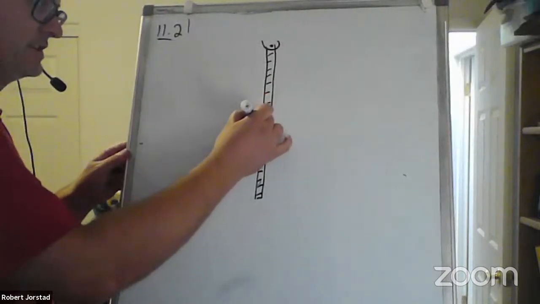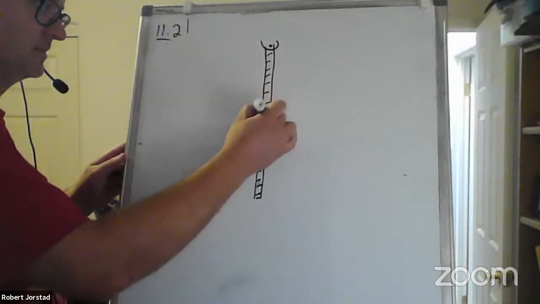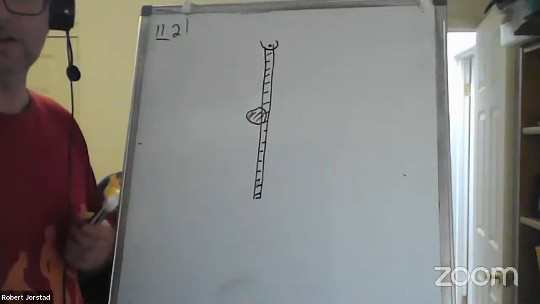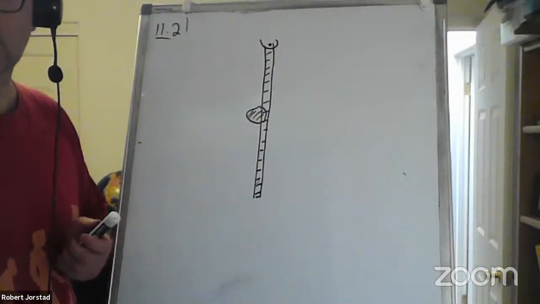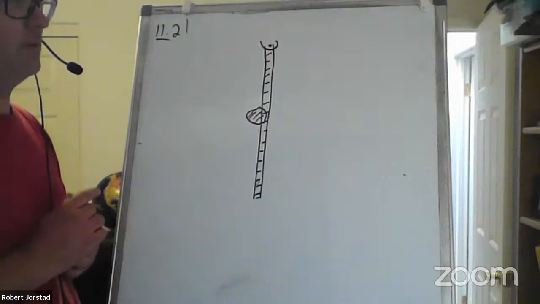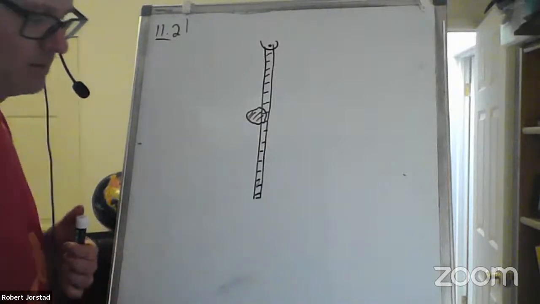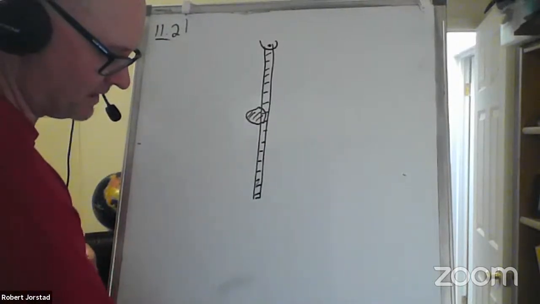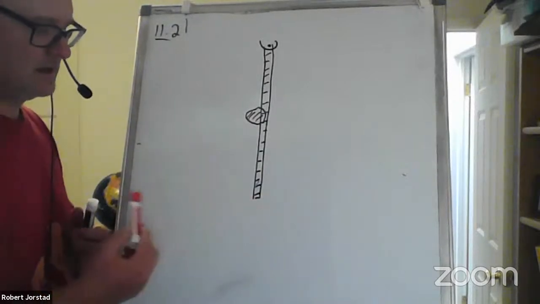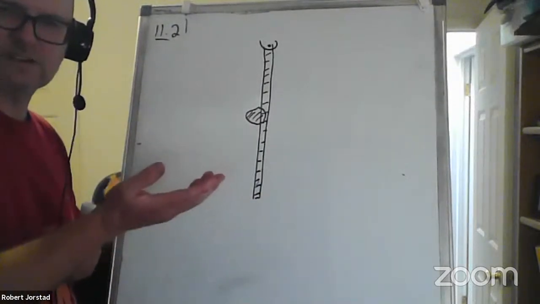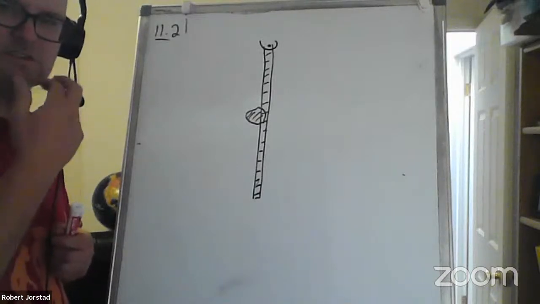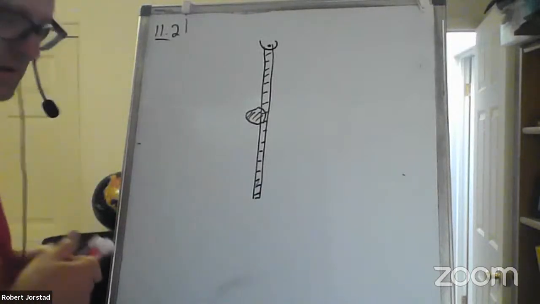Here's the ball smushing into it. What's one force acting? Oh, I see there's something in the chat there. Normal. I don't know what you mean by normal. It's not being supported by a surface, right? Usually we associate normal force with a surface.